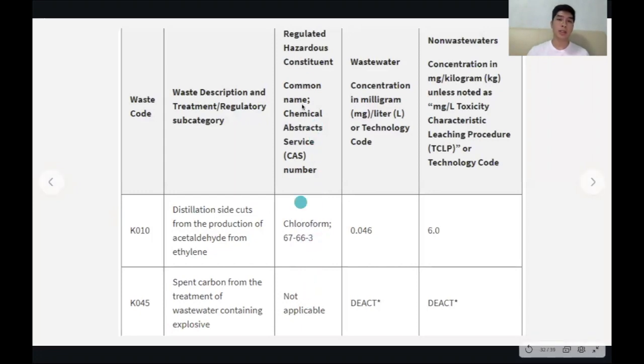The columns in column 3 need to be documented. In the fourth and fifth columns, it differs depending on whether the waste is in wastewater or non-wastewater form. Waste handlers must determine the category in which their waste best fits to determine the appropriate treatment standard at the point of waste generation.